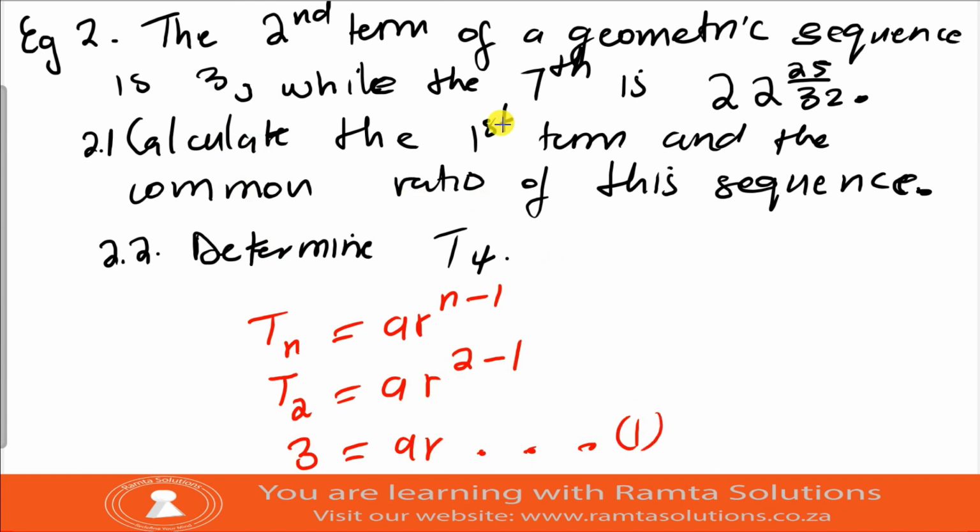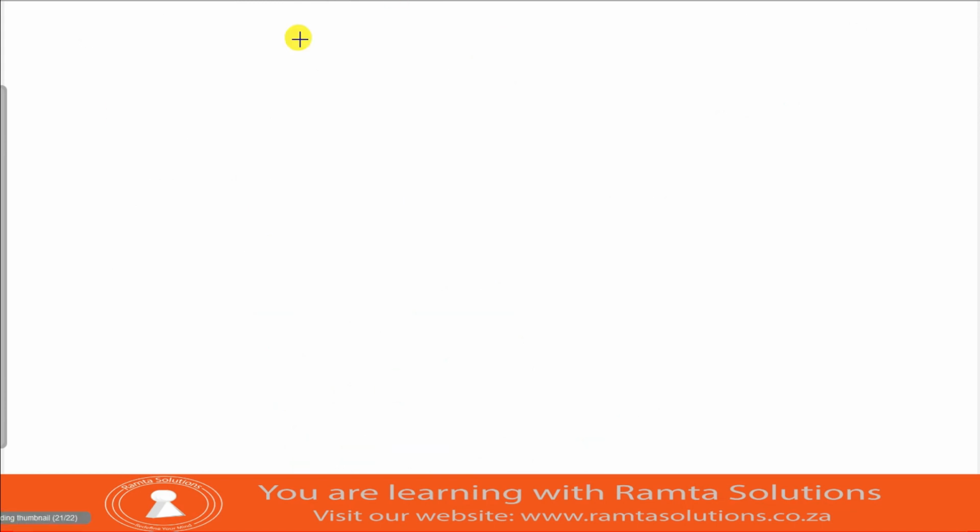Now I'm moving to this 22 and 25 over 32. So I will say this is on my calculator. 22 and 25 over 32 is 729 over 32.